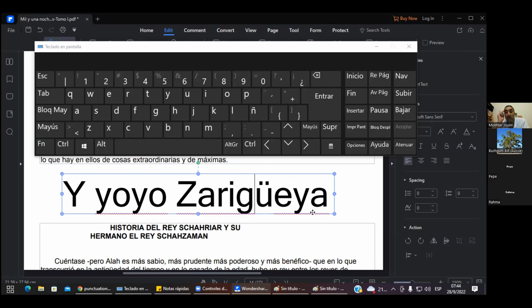So when we put the two dots, we need to pronounce the letter U. In this case, you pronounce Sarigüeya. Now, the pronunciation of the Y and the double L will be ya. Without the Y will be ya, and with the Y will be ya. Without the L, you don't pronounce that. You pronounce ya.